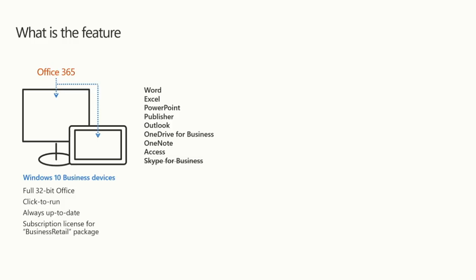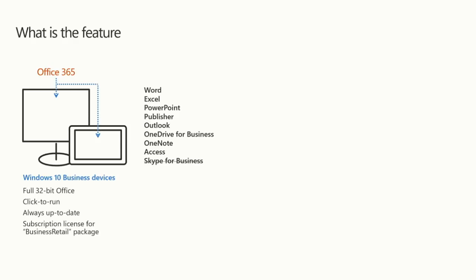That's all that needs to be done. When the admin elects to do that, which I will show in a slide a couple of slides down, on the Windows 10 business device, a full suite of 32-bit Office client apps get downloaded and installed automatically.